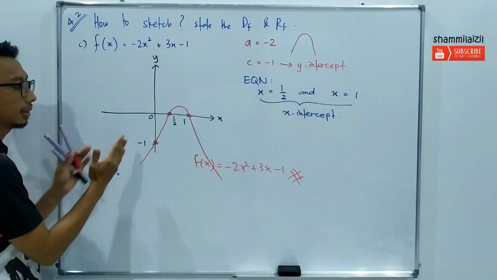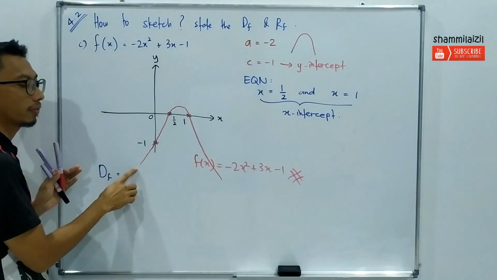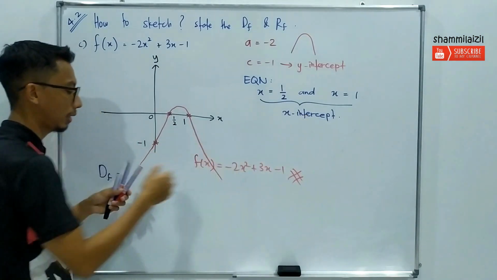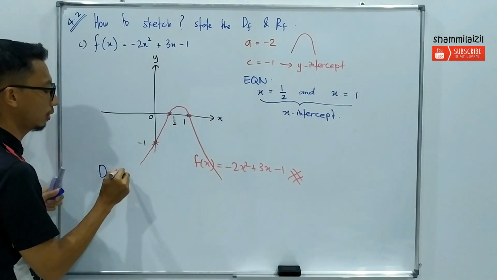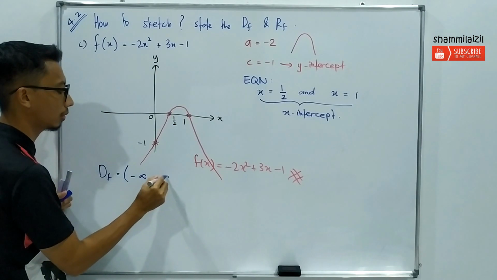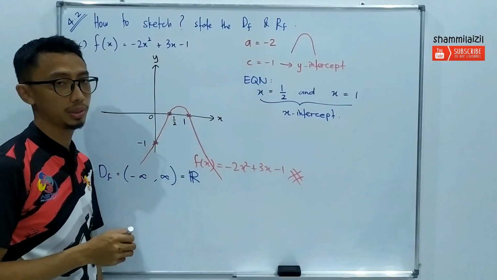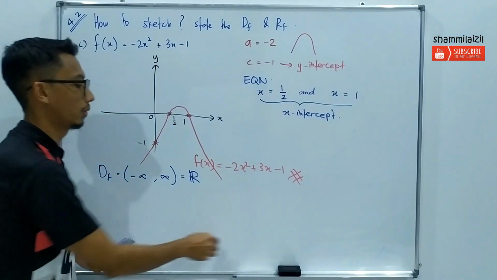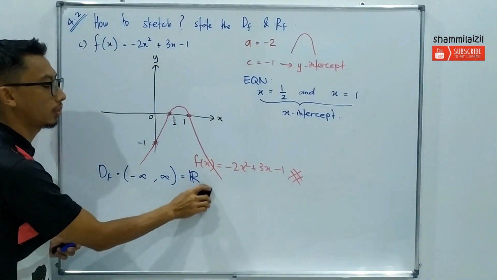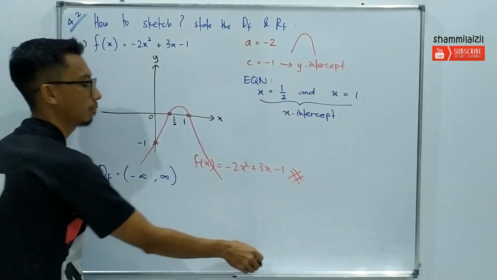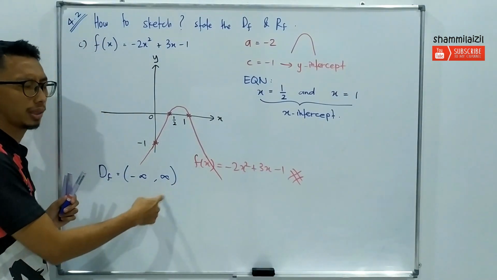So horizontally, it starts from negative infinity to infinity. So that's why the domain is minus infinity to infinity. Or you can write real numbers if you want to. If you're not familiar with this one, you simply write down minus infinity to infinity. Make sure you use this bracket only, not the other brackets.